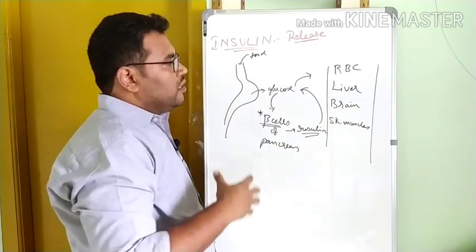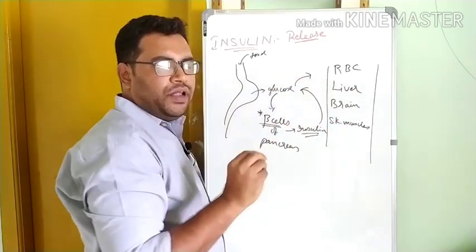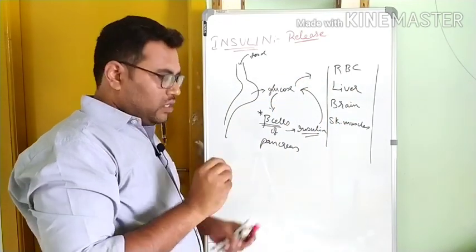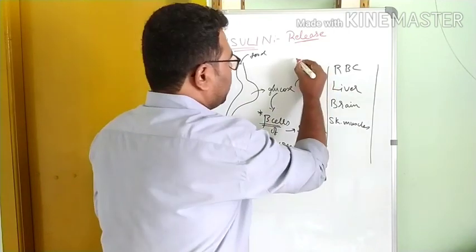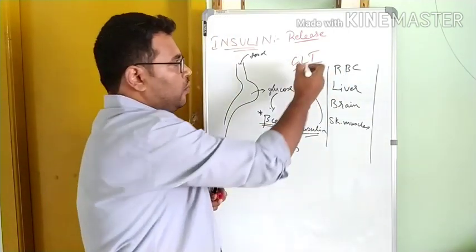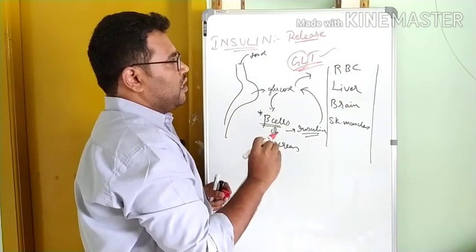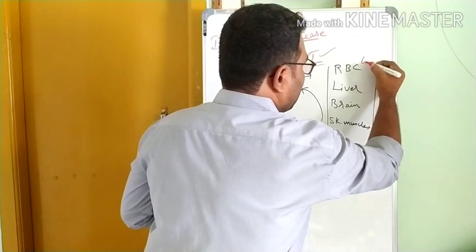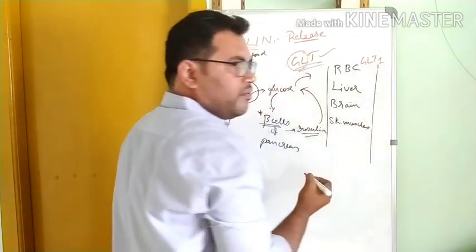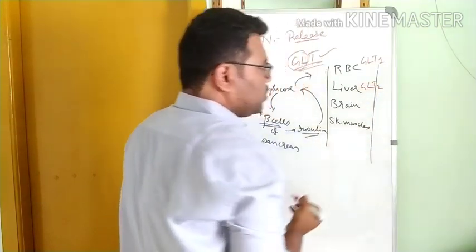For storing this glucose into cells we need some transporters. Those transporters are called glucose transporters, GLUT, right? The glucose transporters located in RBC are called glucose transporter 1. If they are located on liver, they are called glucose transporter 2.